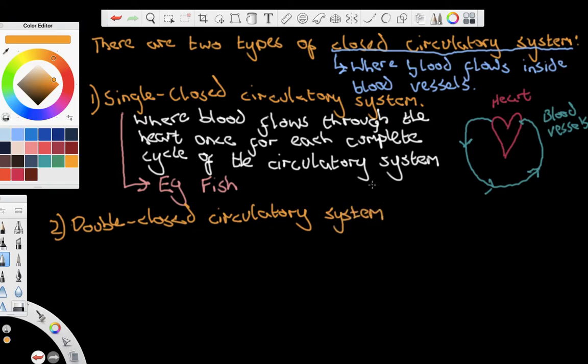Now this is where blood flows through the heart twice for each complete cycle of the circulatory system.